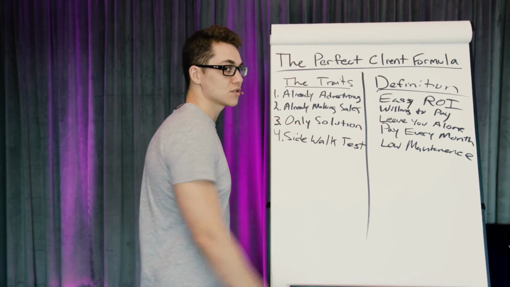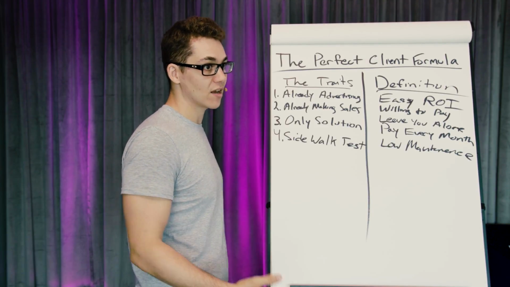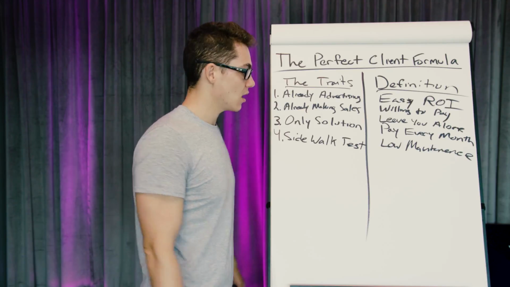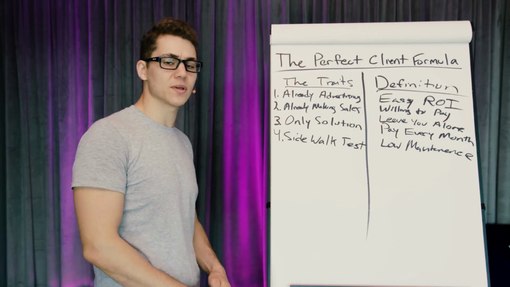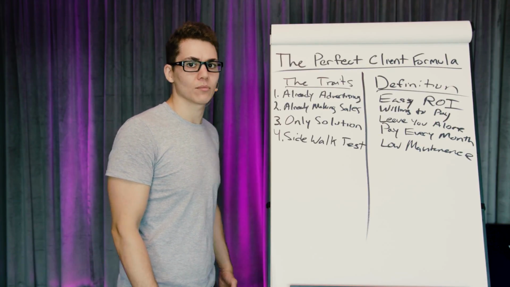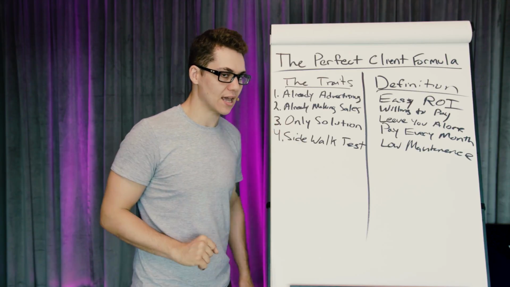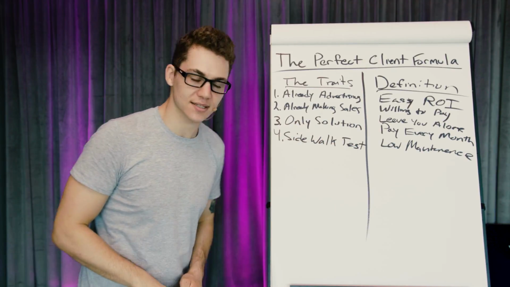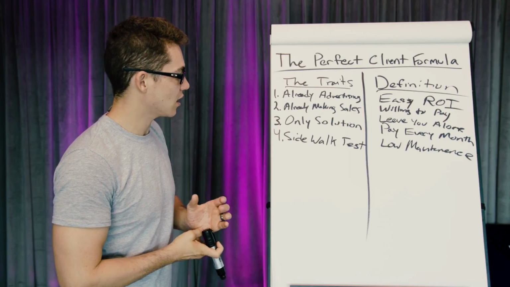They're the only solution to a problem, meaning they're a common business that people use each and every day, and all we need to do is get people in the door, and our job is done. And they pass the sidewalk test, meaning they're not some weird business that nobody's heard of or that people aren't used to. And really, 3 and 4 kind of go hand in hand, but this one is so important, I had to make the sidewalk test as well, just to really drive that point home.